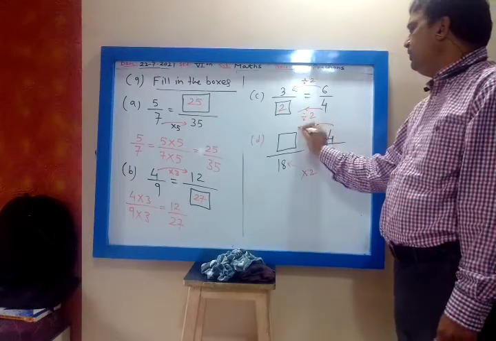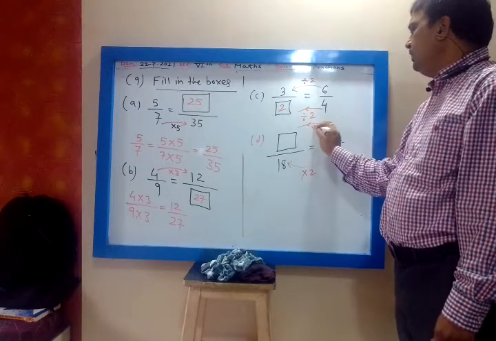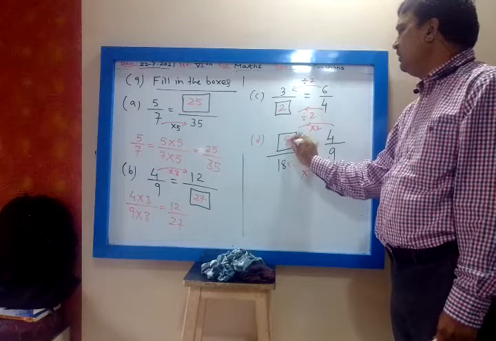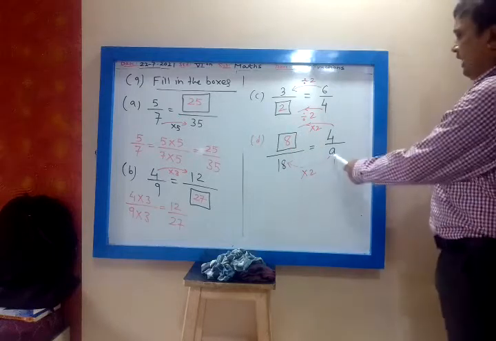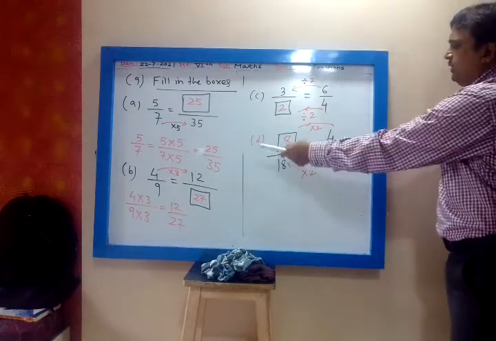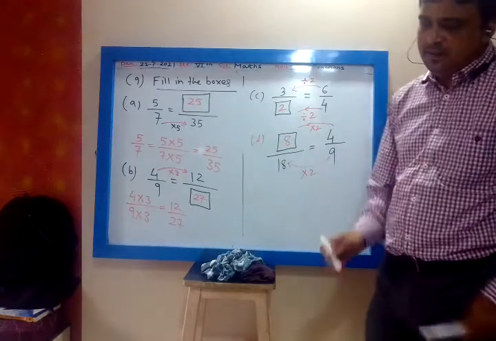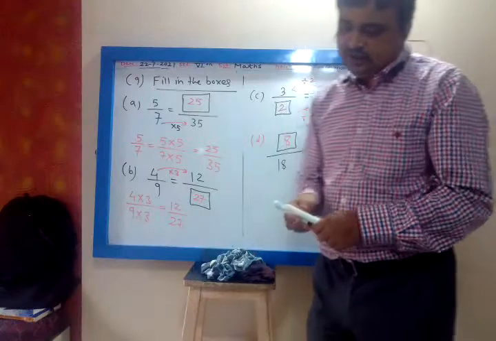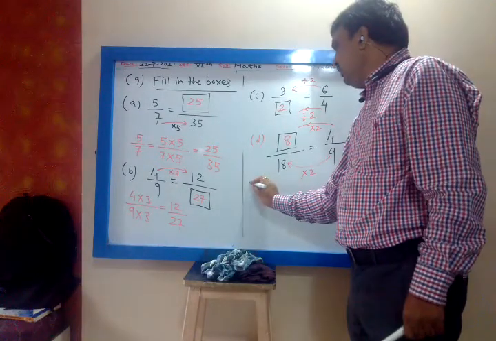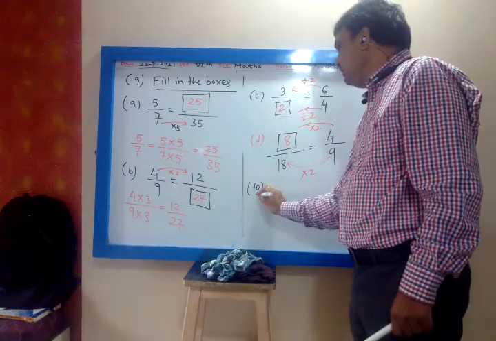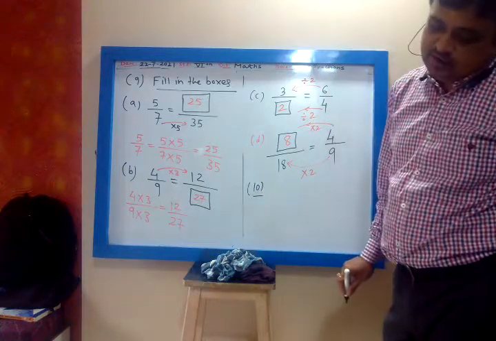So 4 we multiply by 2. 4 2s are 8. So 4 multiplied by 2 will be 8. Multiply according to the situation. What situation is given? Now 10th one.